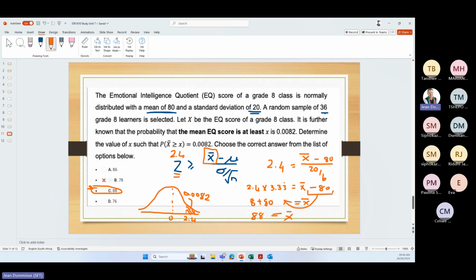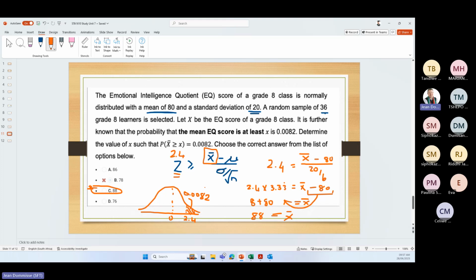We've now worked out the x, but they could have given us that and we needed to work out the n or the standard deviation. So they can use the same example, but ask you to work out any of the other ones as long as they give us the probability so that we can work out the z.